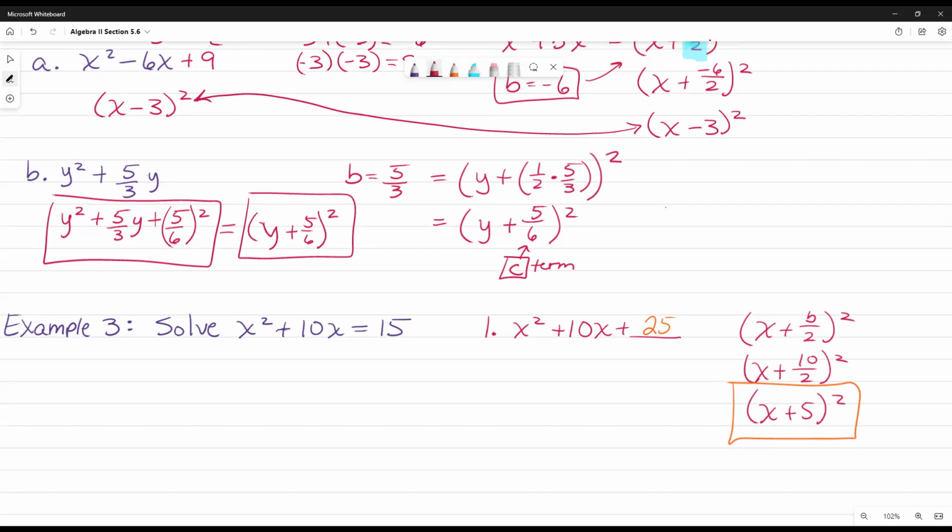Okay, so first we change the x squared plus 10x into a perfect square trinomial. So this is x squared plus 10x, but what did we add to the left side? We added 25, 5 squared, right? We added 25. So what do we have to do on the right side? We have to add 25.